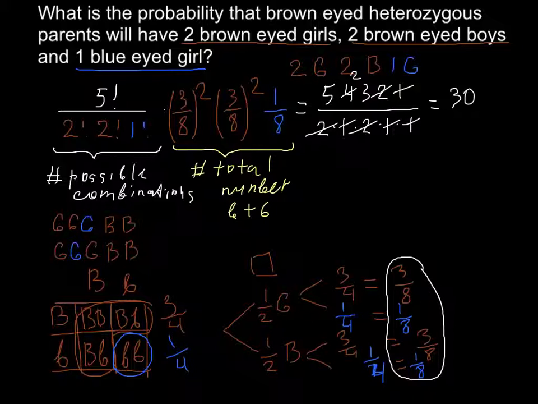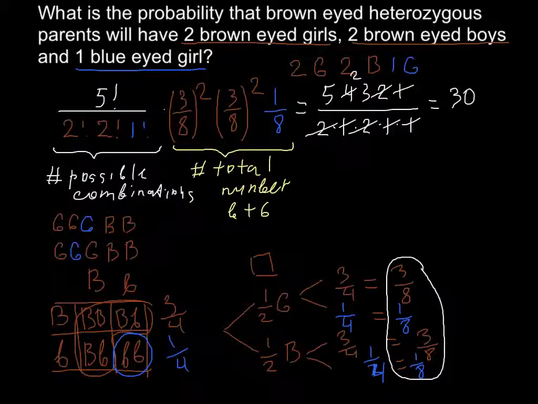So now we have to just multiply once again these two numbers. And if you forgot how to solve this second part of the formula, 3/8 squared, we just have to multiply 3 by itself or square it, and we have to multiply 8 by itself or square it. So here we would have 9/64, and we multiply with another 9/64 and multiply by 1/8.